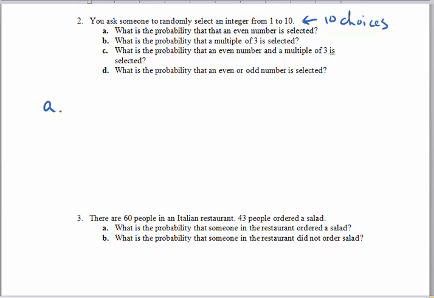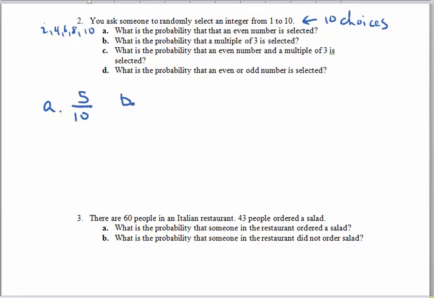So what are the even numbers between 1 and 10, including 1 and 10? Well, you could have 2, 4, 6, 8, or 10. So there's 5 outcomes that are even numbers out of 10 outcomes altogether. So 5 out of 10, or you could reduce it to 1/2.